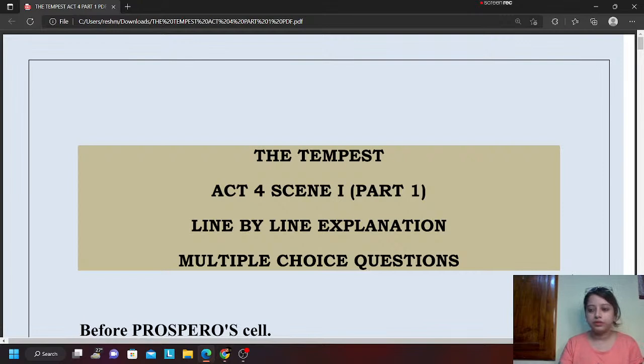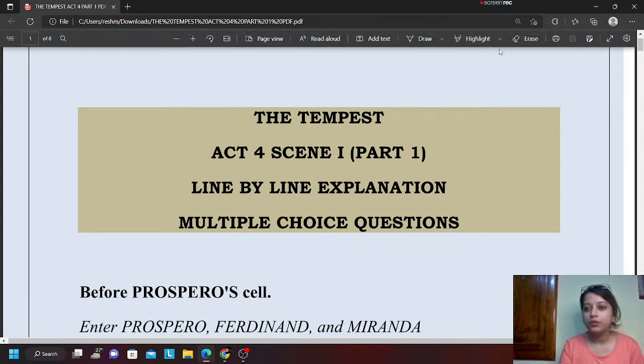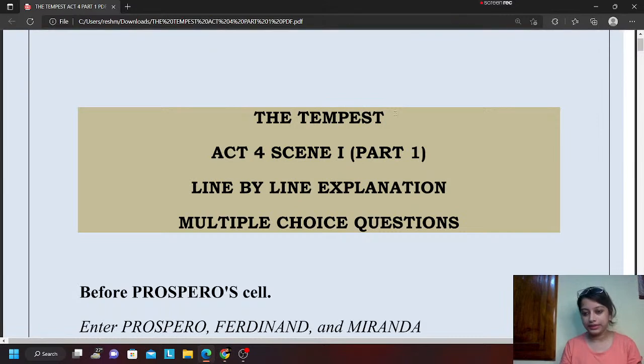Okay, so as you see on the screen, the Tempest Act 4 Scene 1, we are discussing which part? The first part of it. What are you getting over here? One important thing that you are getting from today's class is that if you have sufficient pictures, you understand the topic better.